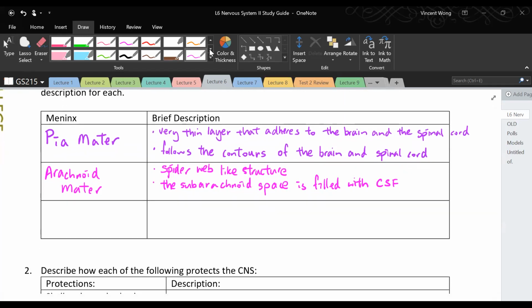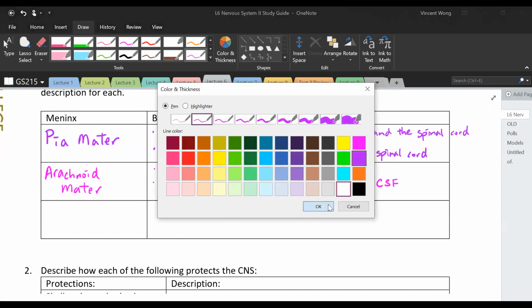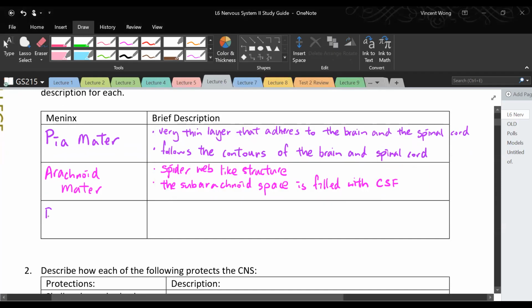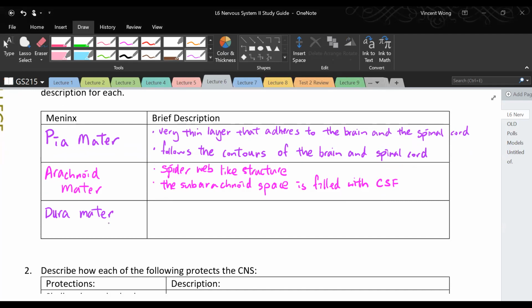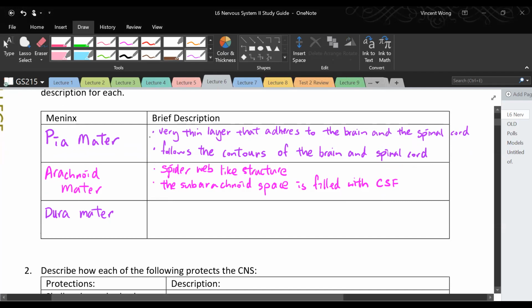And the outermost layer is going to be the dura mater. Dura mater. So this is the layer that is going to be touching the inside of your cranium, your skull, as well as your backbone. Okay, it is a tough, white, fibrous layer.